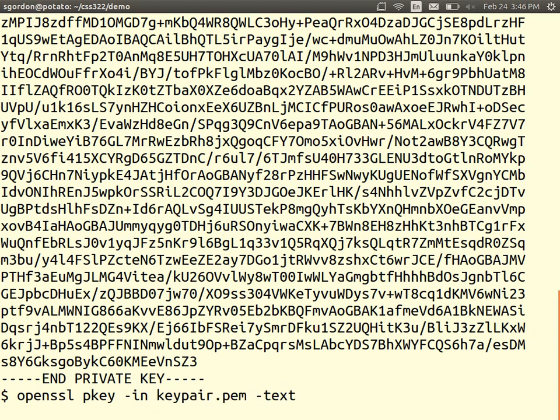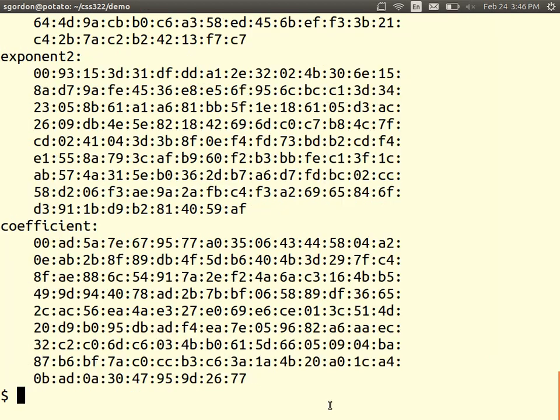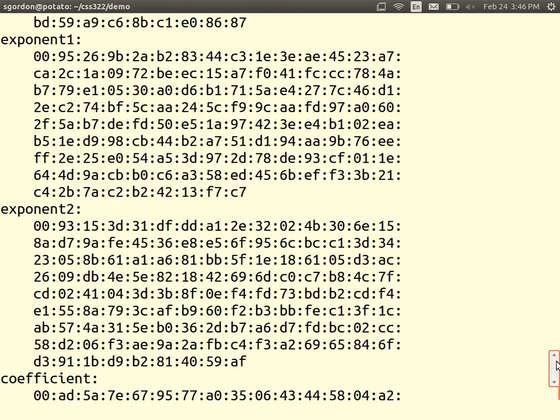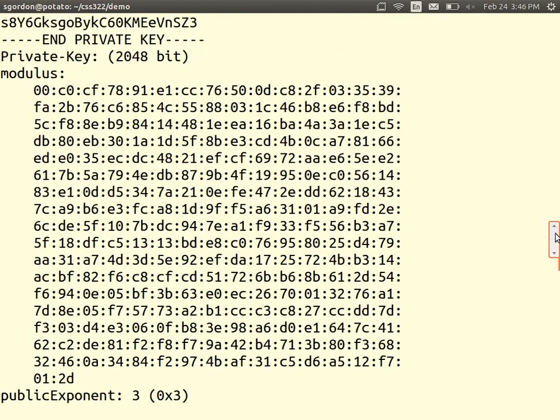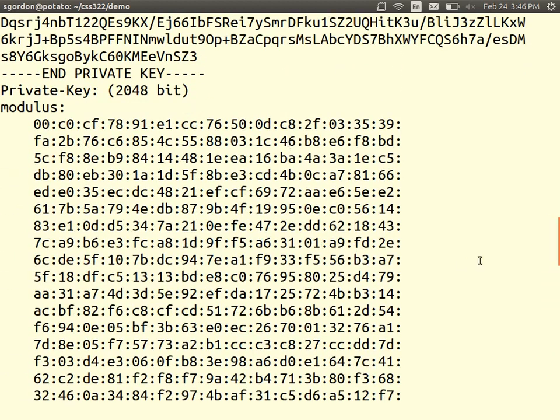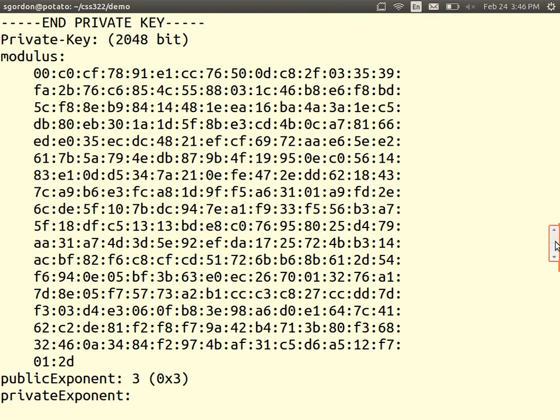And I'll just take that key pair in and output it as some nicer formatted text. And then we'll scroll up and see. So this is a little bit nicer format. Let's just look through the values. So it gives the raw format, and then the software interprets the actual value. So here's the modulus. The modulus is n. Remember, mod by n.